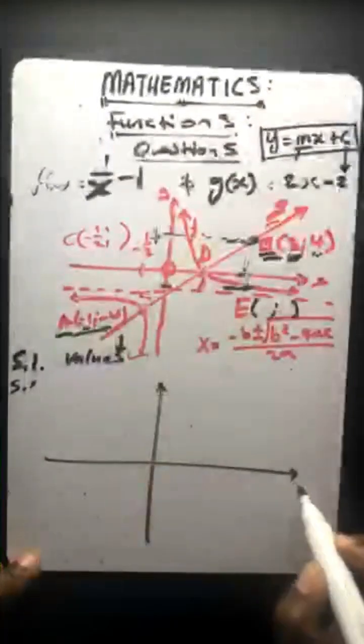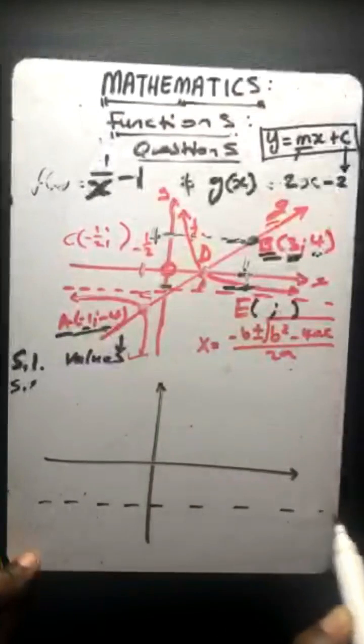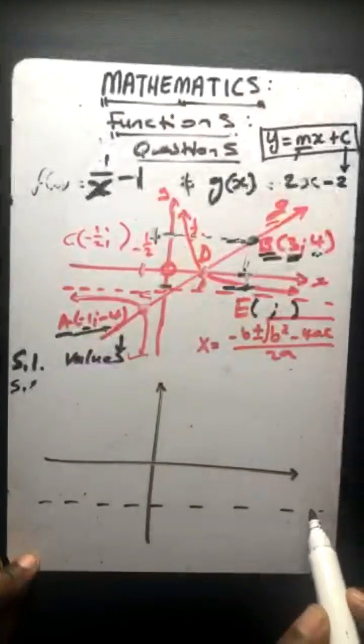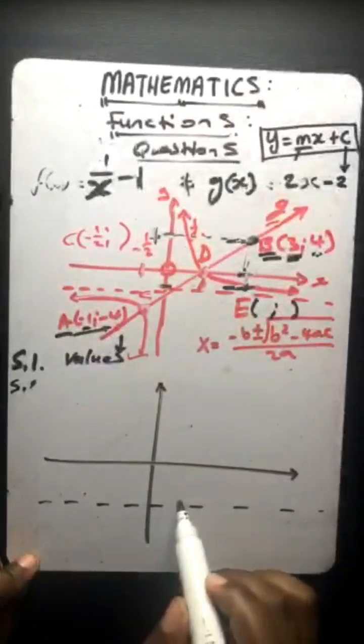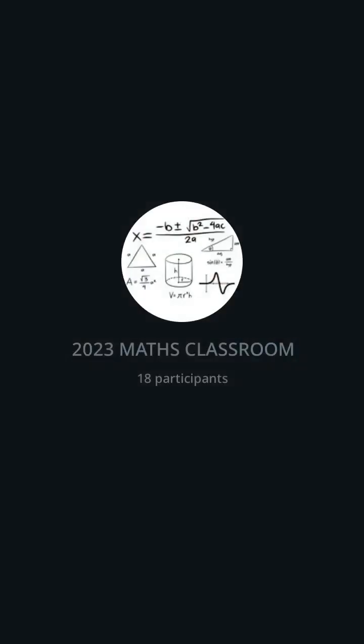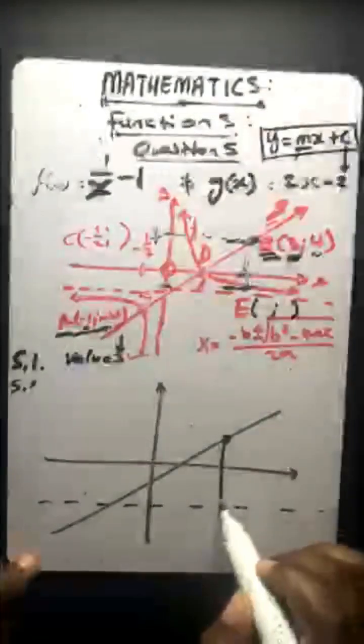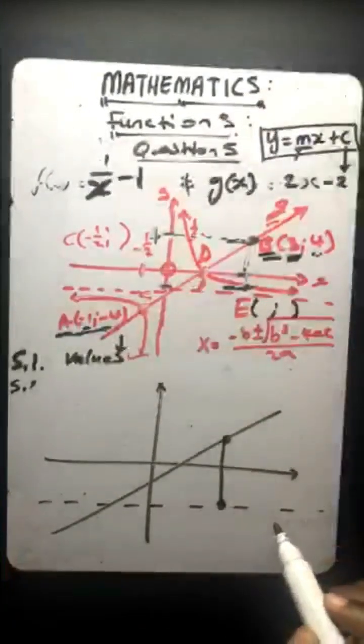Let me quickly clear this one. That's if we assume that that was -1. It's not -1, but assuming that it was -1, then it means it was going to be from there up to there.